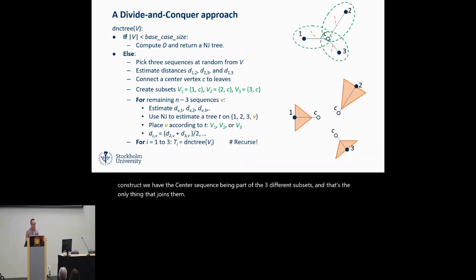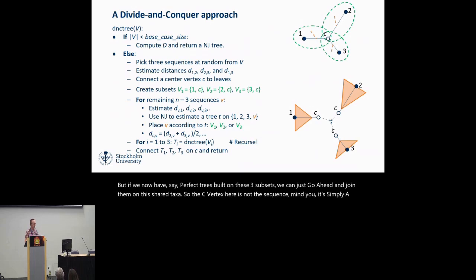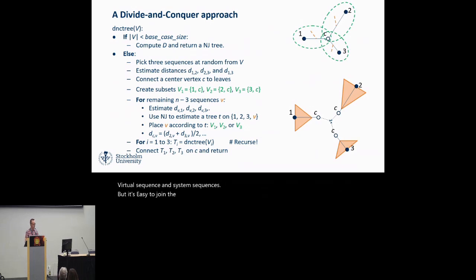If we now have, say, perfect trees built on these 3 subsets, we can just join them on this shared taxon. The C vertex here is not a sequence, mind you, it's simply a virtual, ancestral sequence. But it's easy to join them on C and just return this tree.